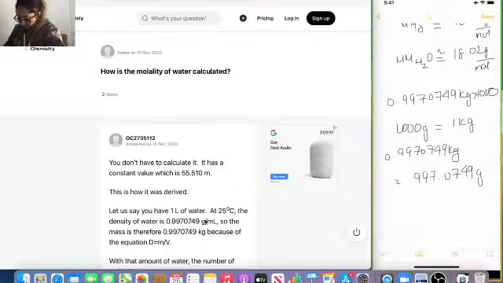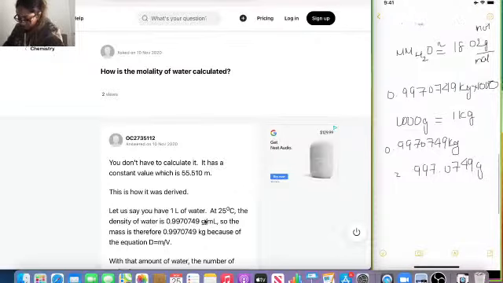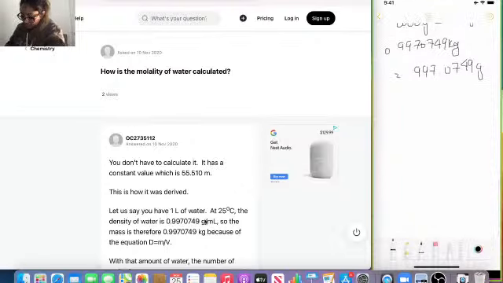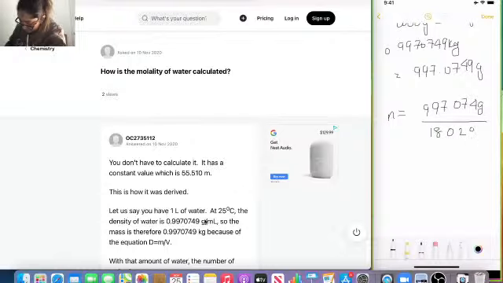Okay, and so now we have our grams and our molar mass, so we can calculate the number of moles. 997.0749 grams over 18.02 grams per mole.